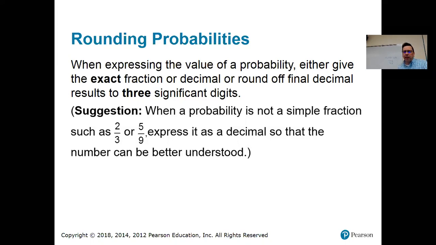They suggest that you write a fraction like this as a decimal instead, okay? Because it'll be easier to understand. I would say that would be a good idea if your fraction would have a denominator bigger than about 12, all right? If when you put your fraction in lowest terms, the denominator is bigger than about 12, you might want to think about writing it as a decimal instead.